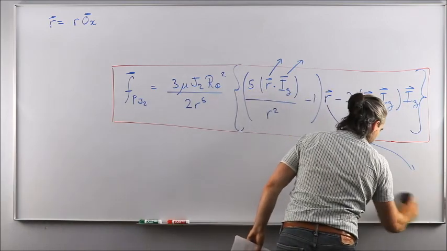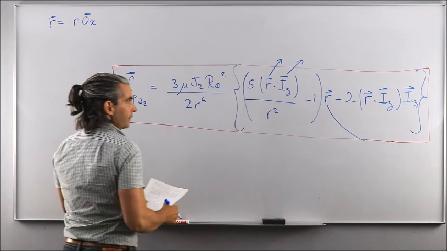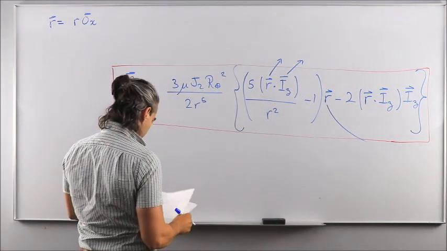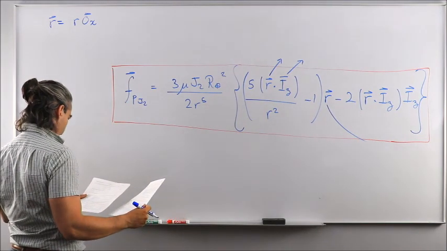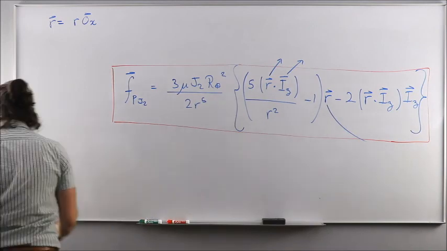What else do we have? Well, we have the IZ. Did I do IZ or is it just too simple? We can do IZ, okay?